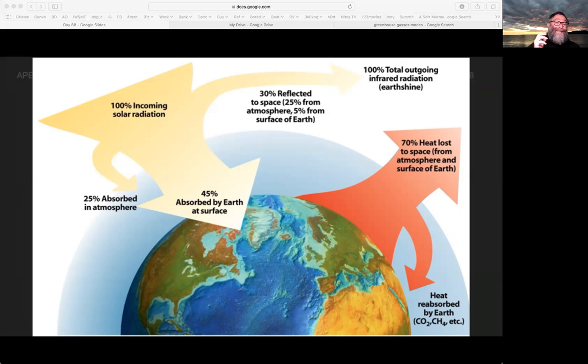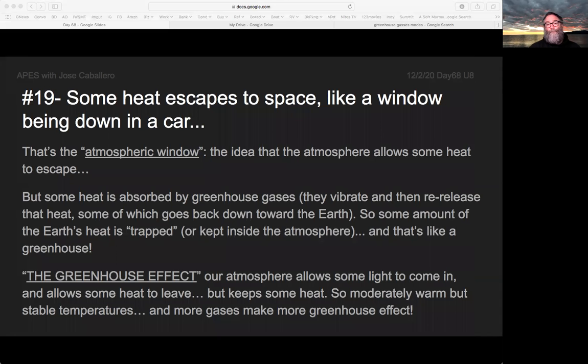We can increase the amount of heat that can be stored in the atmosphere and thrown back down to the earth. We can roll up the window in our parked car. And so human activity, by adding more greenhouse gases, can make our planet hotter. Super basic. I'm going to stop.